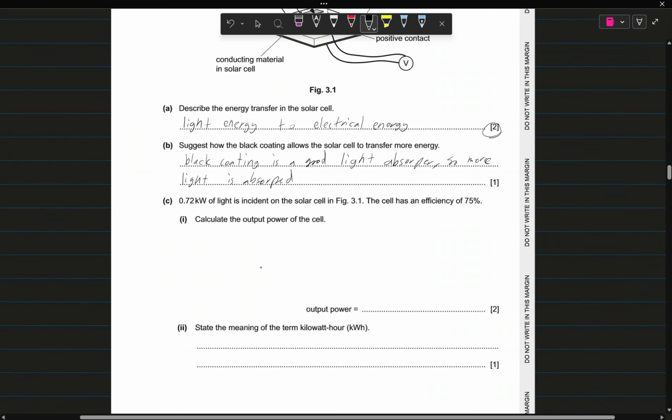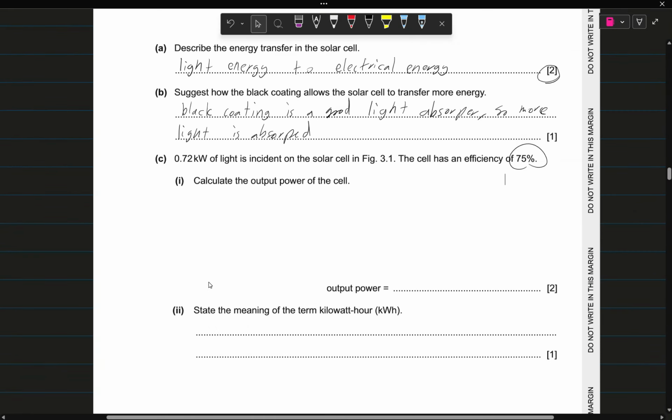On to part C. 0.72 kilowatt of light is incident on the solar cell in figure 3.1. This cell has an efficiency of 75%. Calculate the output power of the cell. Okay, so usually the formula for efficiency would look something like that. It will be output over input times 100, which can also be written as useful energy over total energy times 100.